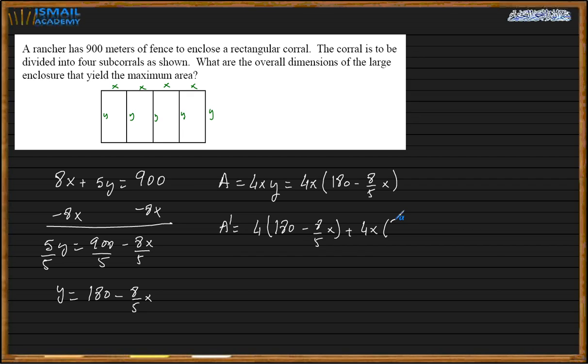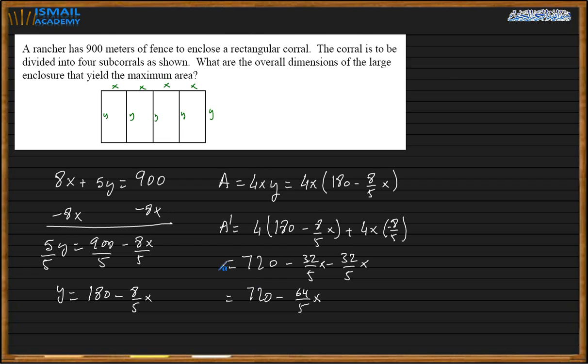So here I distribute, going to be 720 minus 64 over 5 x. The area prime, if equals 0.